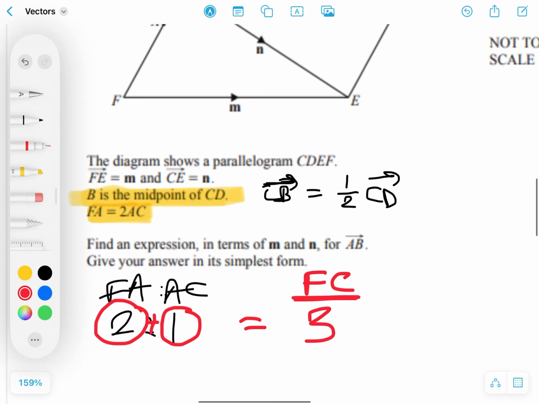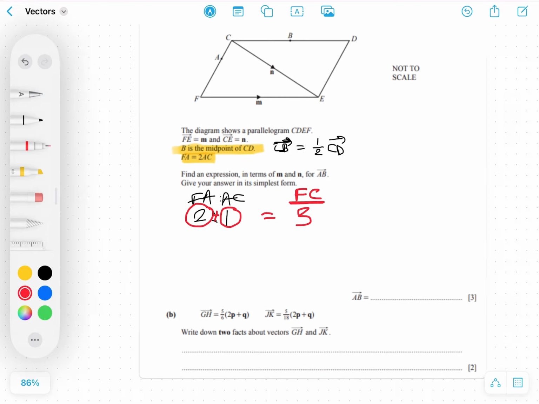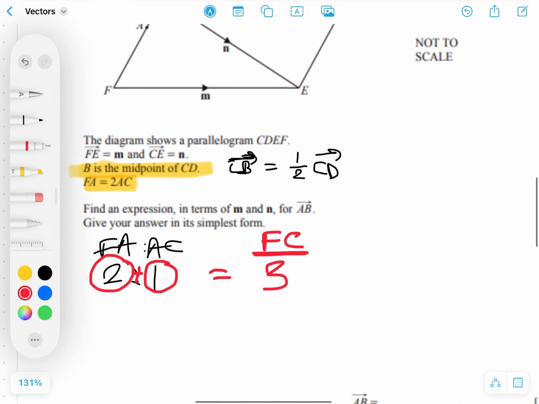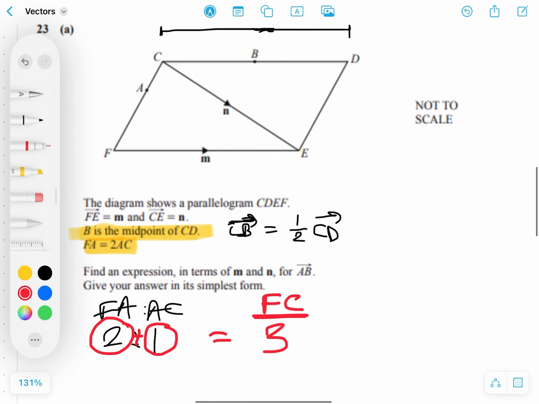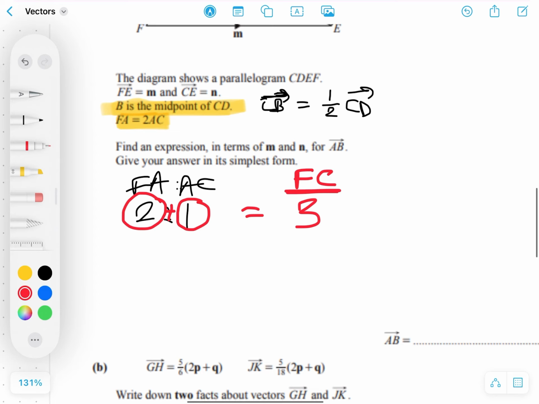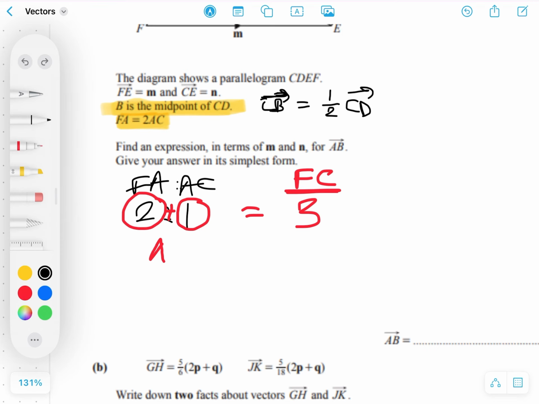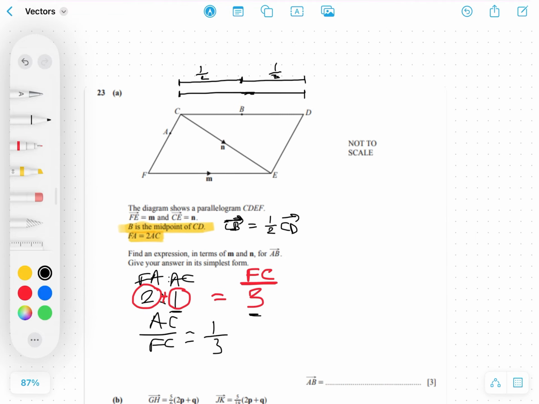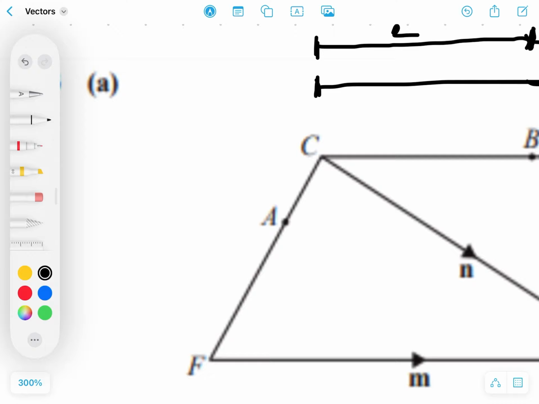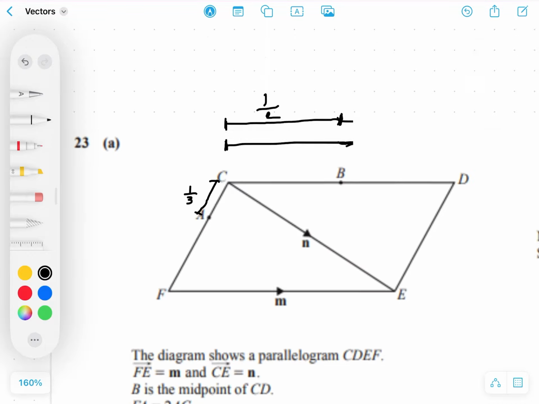And that would be the entire line segment FC, and therefore the fraction AC over FC is equal to 1/3, since AC is 1 part and FC is 3 parts. So AC is 1/3 of the entire line segment.